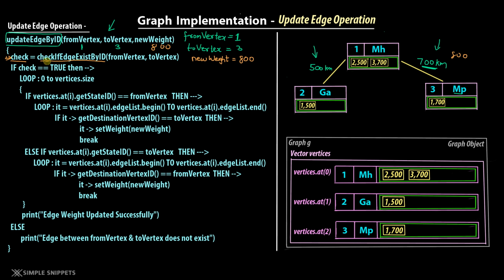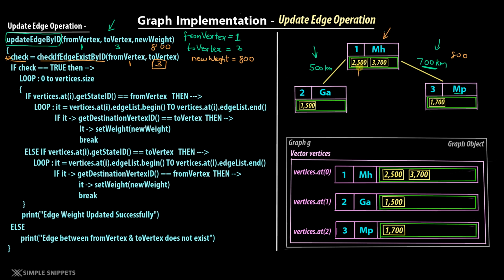If you have seen the previous videos, we've already done this function, that is check if edge exists by ID. Basically this function takes the IDs of the vertices, that is from vertex and to vertex. You'll pass 1 and 3, and it checks the edge list of one particular vertex. It will go into Maharashtra's edge list and check in the edge objects whether an edge object with this ID exists or not.